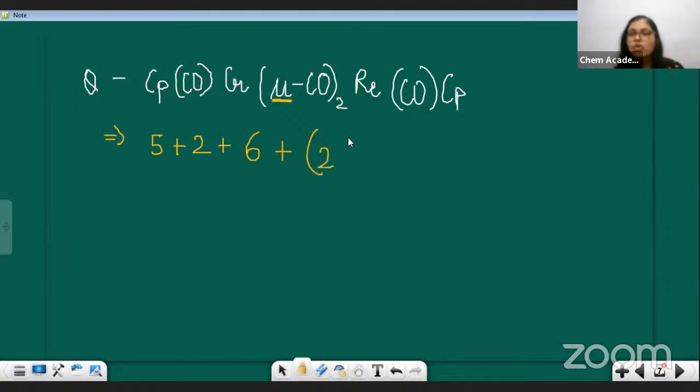And since there are 2 of these, we will multiply it by 2. Plus, for rhenium, what is the group number for rhenium? For this, it is going to be 7, all right? Plus 2 plus 5. Solve it and tell me the answer.